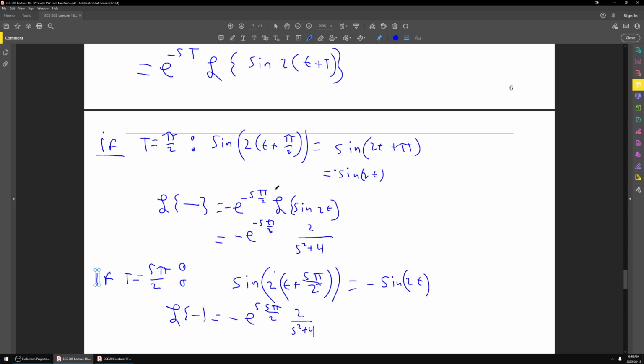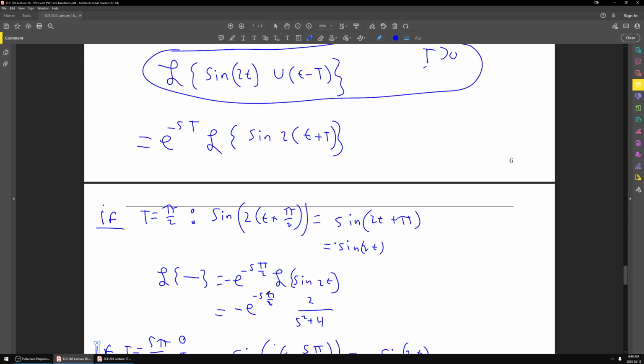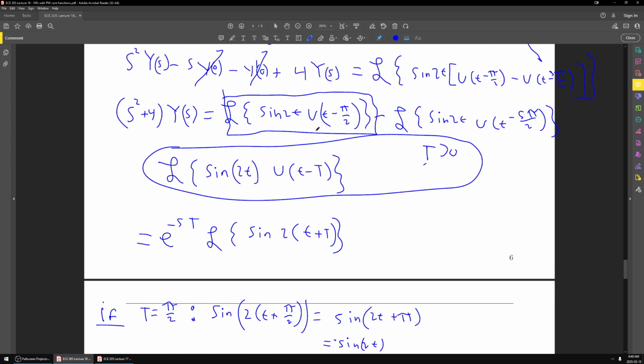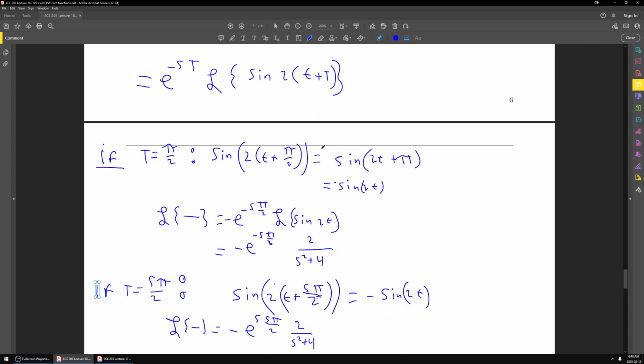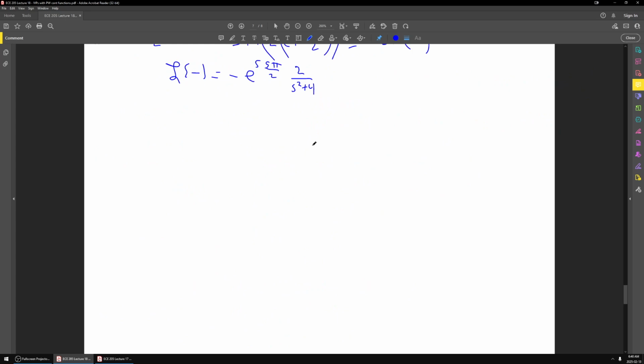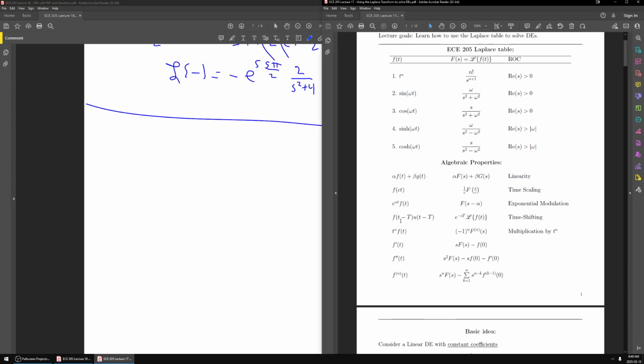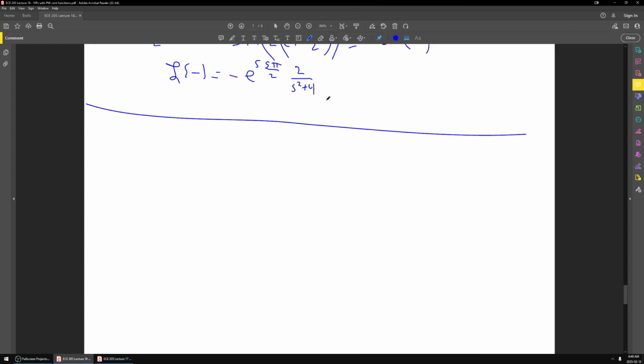If I put these all together, the only difference between these two terms is that this one gets an e to the negative pi over 2 times s, and this one gets an e to the negative 5 pi over 2 times s. So that's how to use the time shifting rule that we derived.